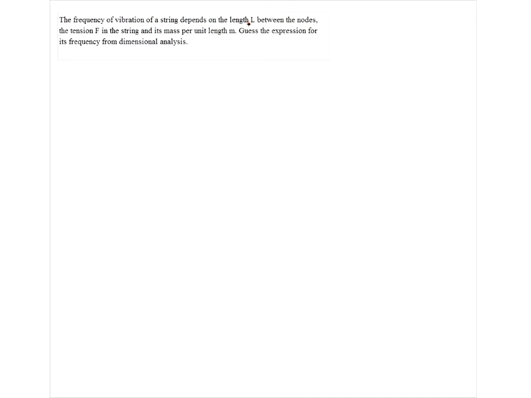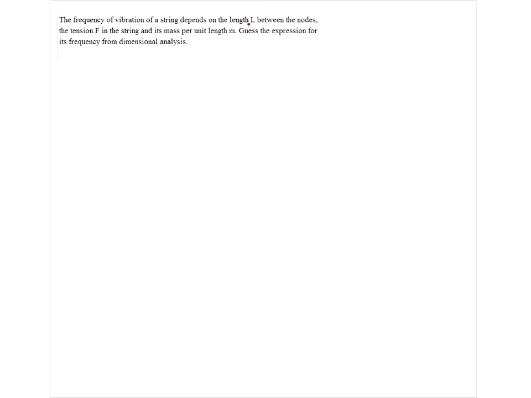It also depends on tension. Before playing, a guitar player tunes the instrument. That means he assigns appropriate tension to the string. How the sound will come, thin or thick, will depend on tension and on the length L between the notes.